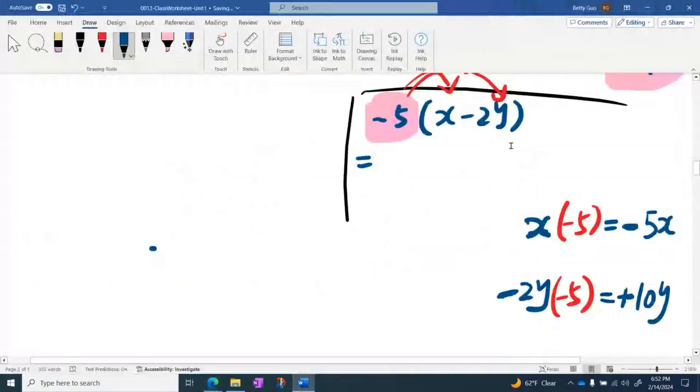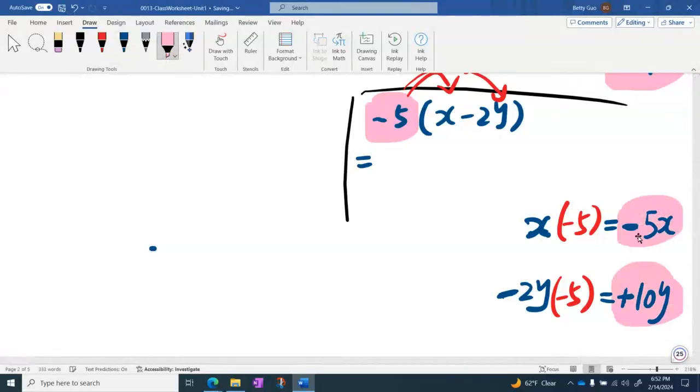So now you have two terms. After you distribute to the two members in the group, they look like that, and you're going to add them together. After you distribute, you should have negative 5x plus 10y.